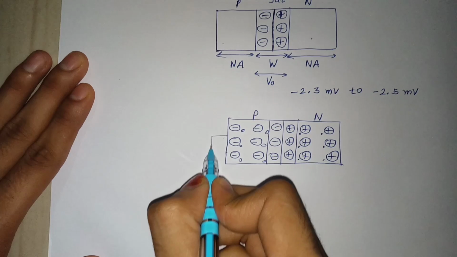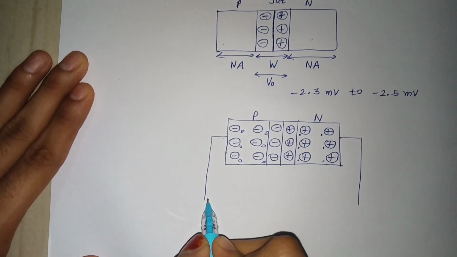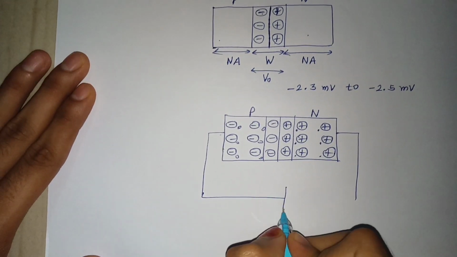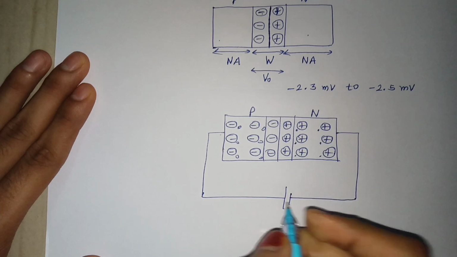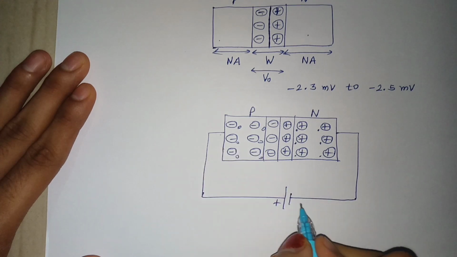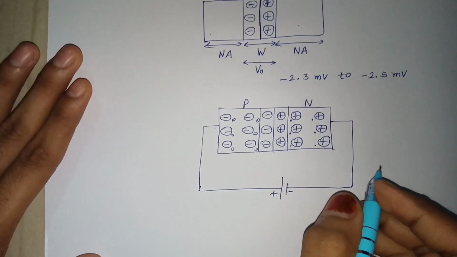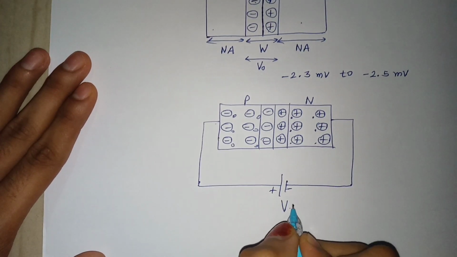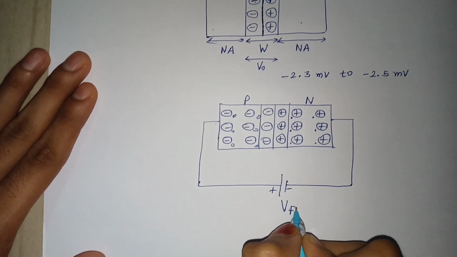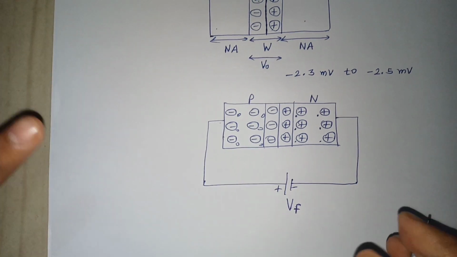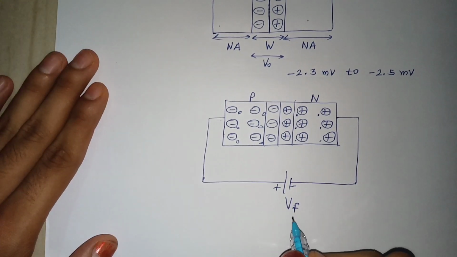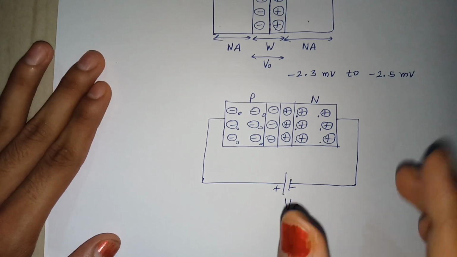Now if we supply a forward voltage like that, positive is supplied to p-type and negative is supplied to n-type semiconductor. Let me call it VF. If VF increases, then what happens? We'll discuss.